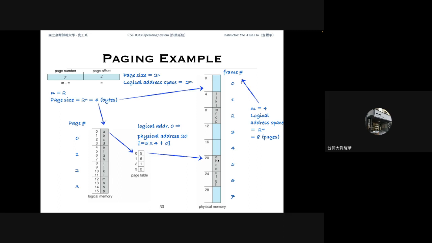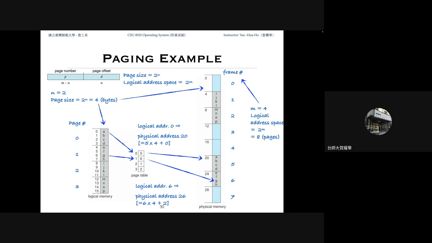If I want to access item G on page 1, page 1 translates into frame 6. But item G is at location 2 on page 1.